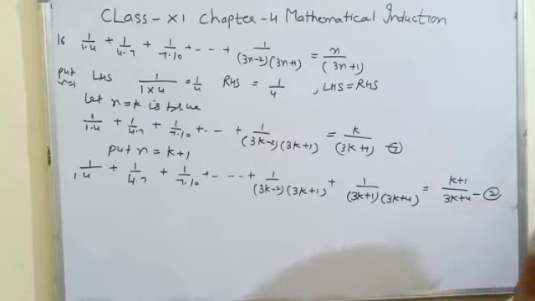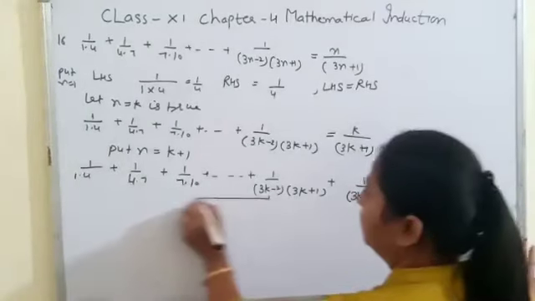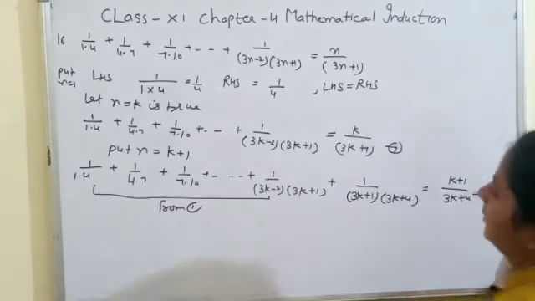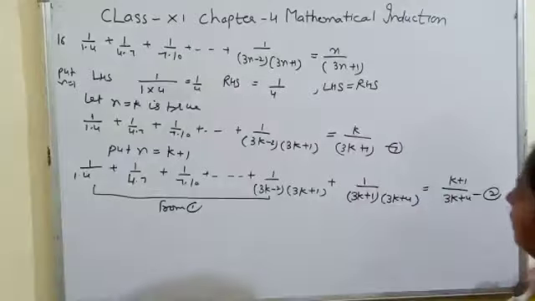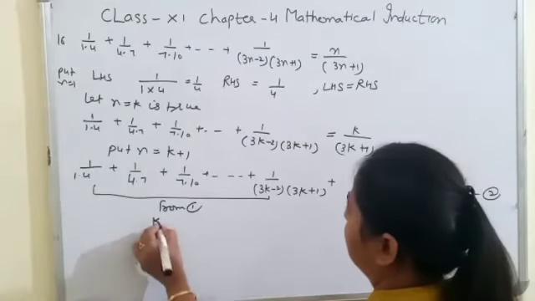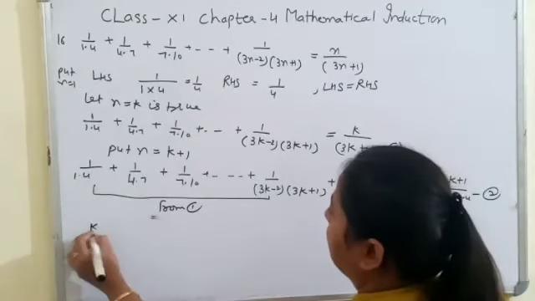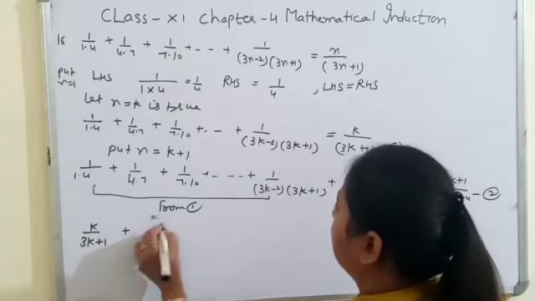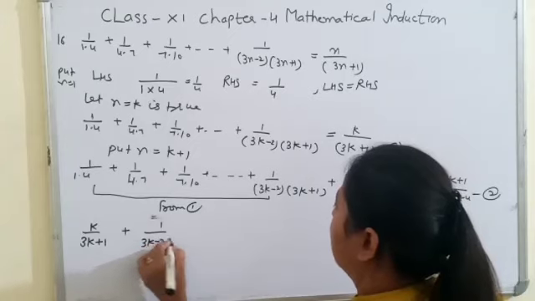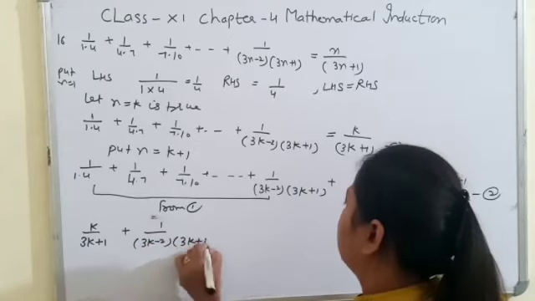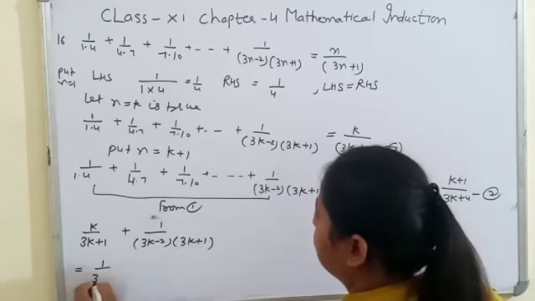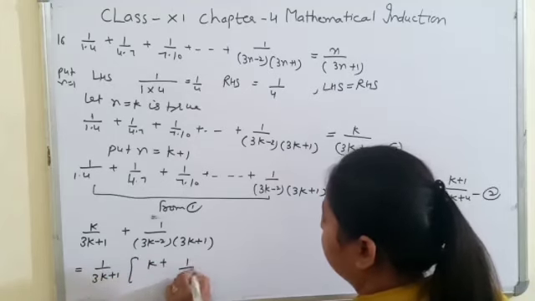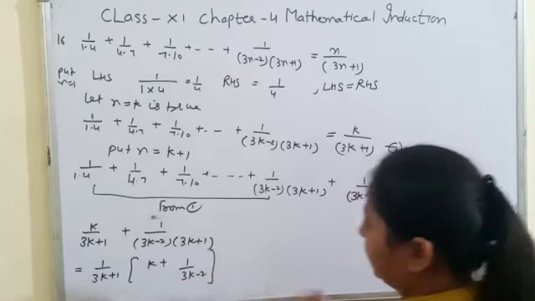This is the second. We have to prove it. From the first equation, write its right side, k upon (3k plus 1). Now here is 1 upon (3k plus 1) common: k plus 1 upon (3k minus 2).